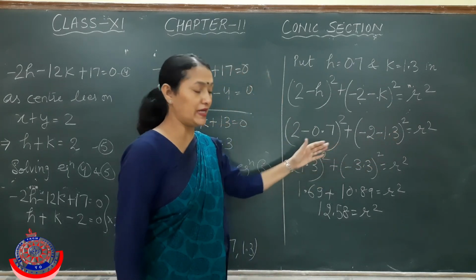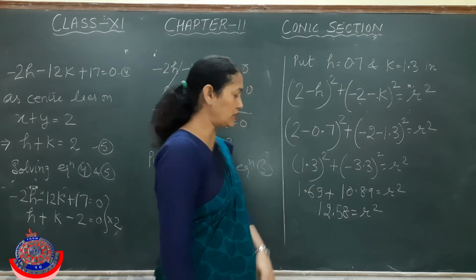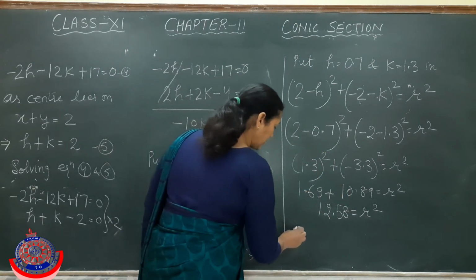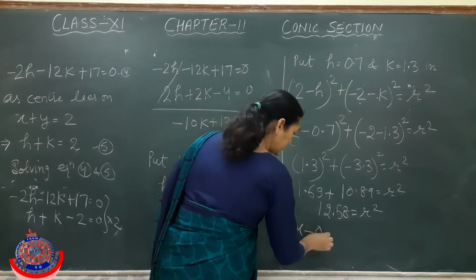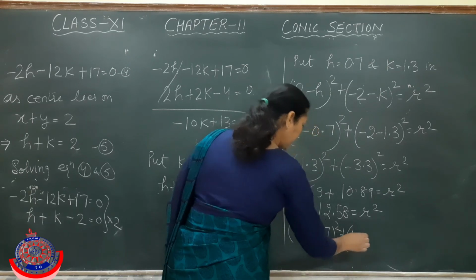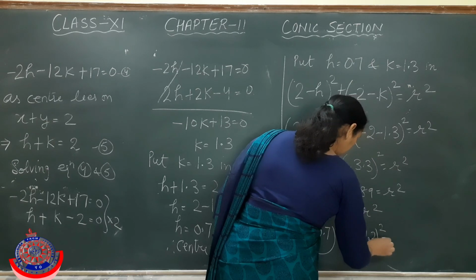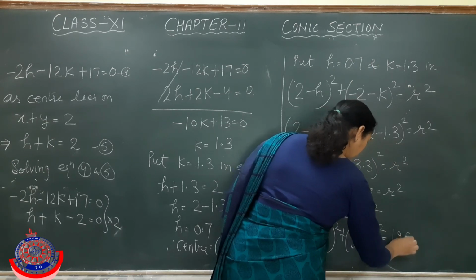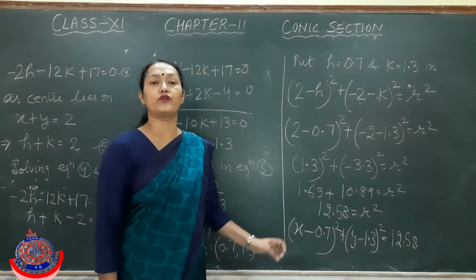Squaring and adding, we will be getting the value of r square as 12.58. So the standard form of the equation of the circle will be x minus h, that is 0.7, whole square, plus y minus k, that is 1.3, whole square is equal to r square, that is 12.58. So we have obtained the standard equation of the circle.